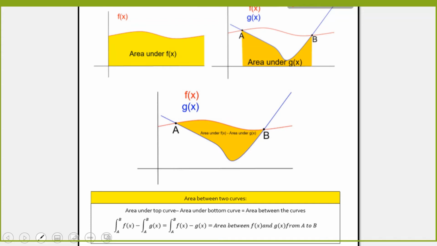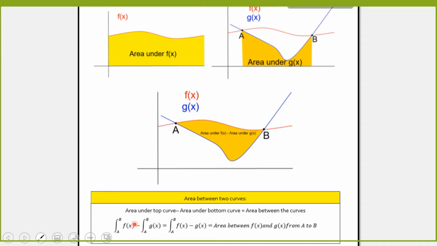Then what I could do is take the area underneath my top function and subtract the area underneath my bottom function to get the area between them. Using this technique, we can get the area of pretty much any shape in 2 dimensions. So if you want to get the area between two curves, you can get the area underneath the top curve and then subtract the area underneath the bottom curve to get the area between them.